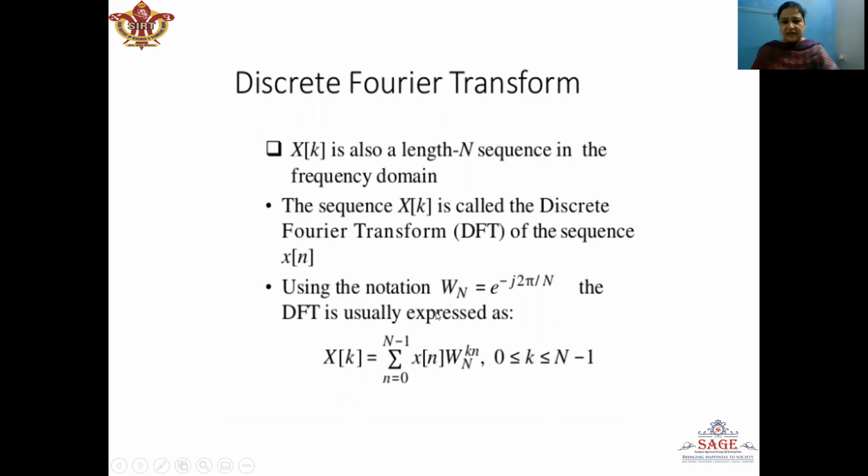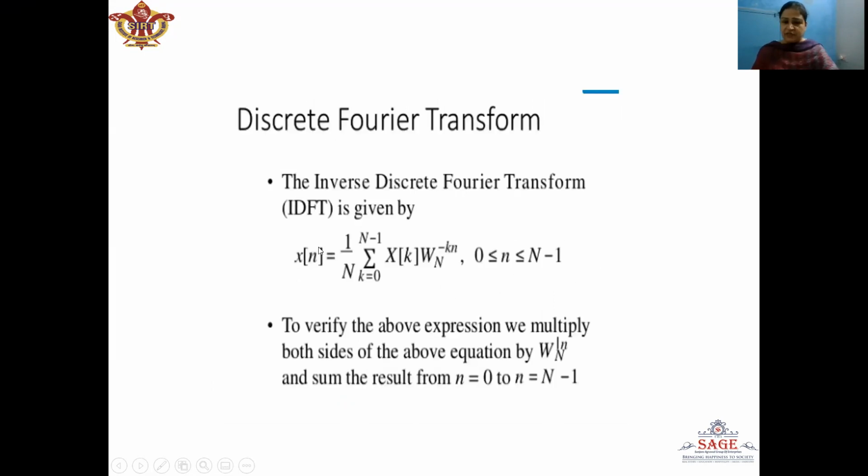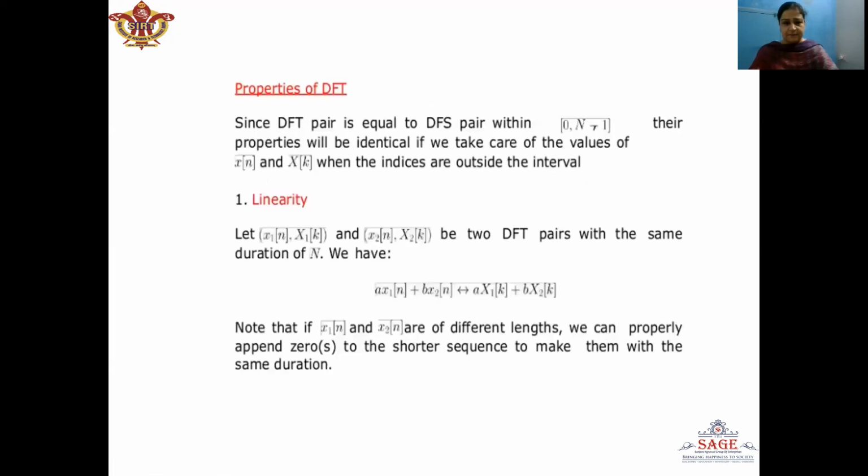The notation of the twiddle factor is also used, which is e to the power minus j 2 pi by N, so our formula is written in terms of the twiddle factor. The inverse discrete Fourier transform, also discussed in previous slides, is given as x[n] equals 1 upon N summation k equal to 0 to N minus 1 X[k] W_N raised to power minus kn, where n has values from 0 to N minus 1.